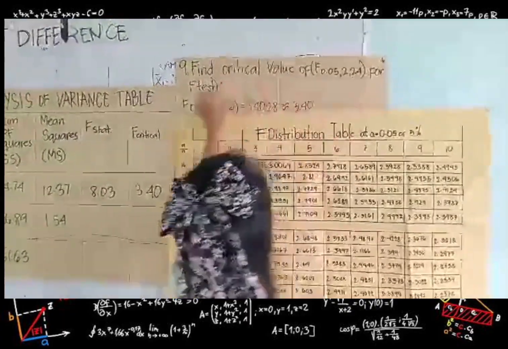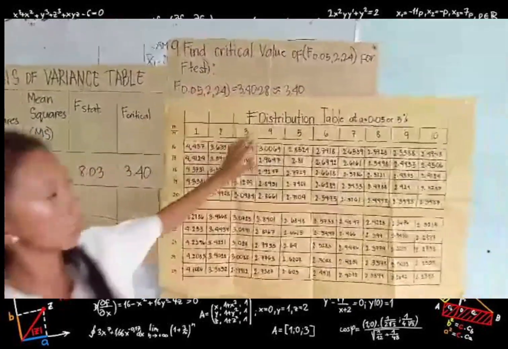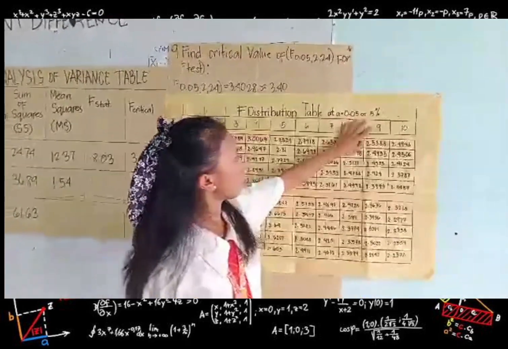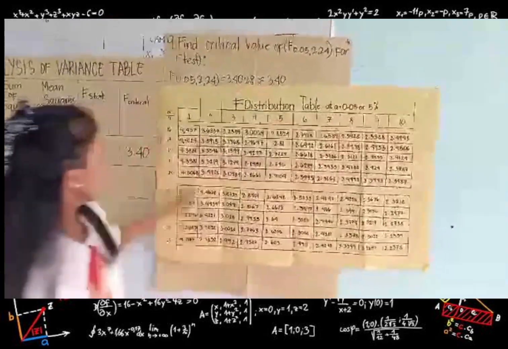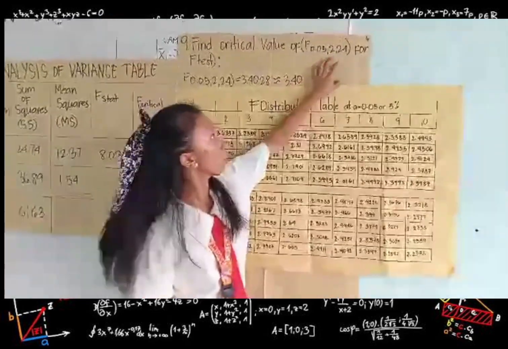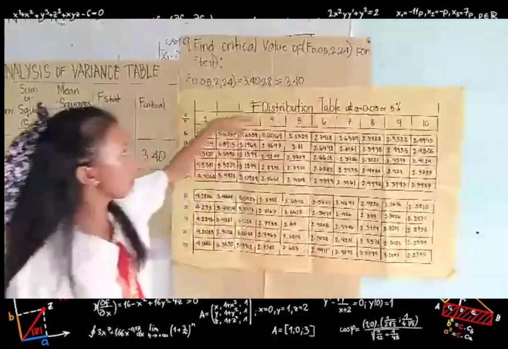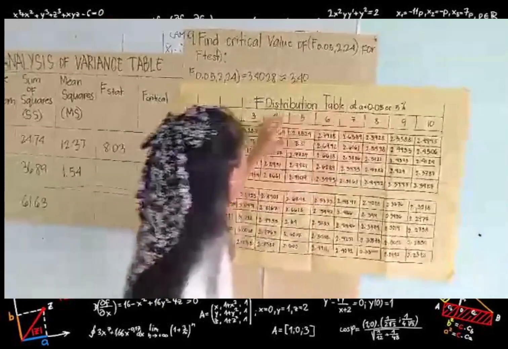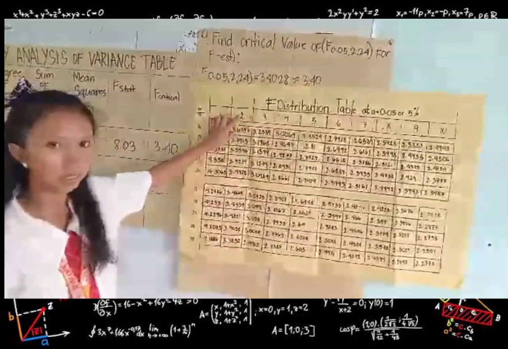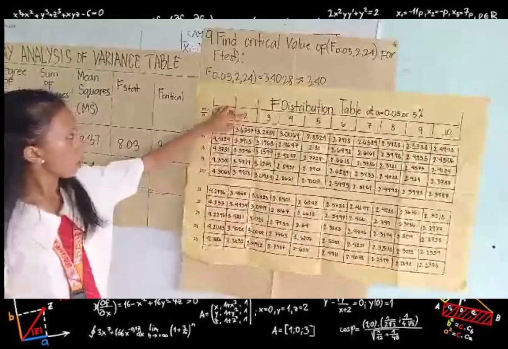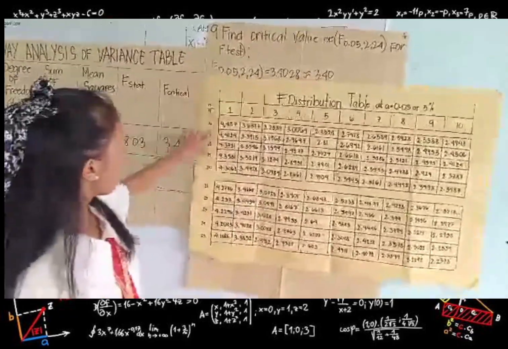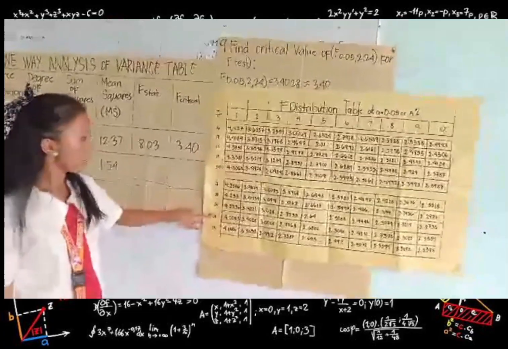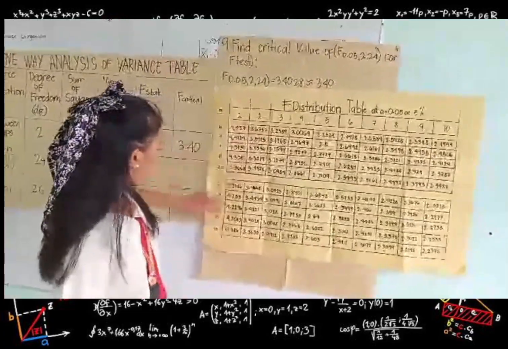We look for the degree of freedom within groups or error, which is 24. So we look for the value at 2 and 24.